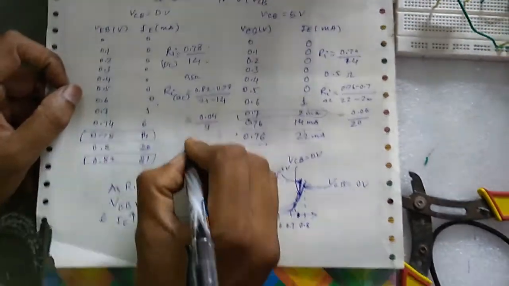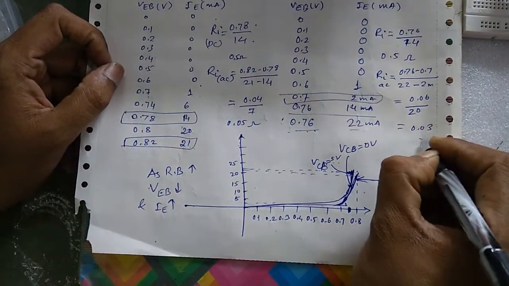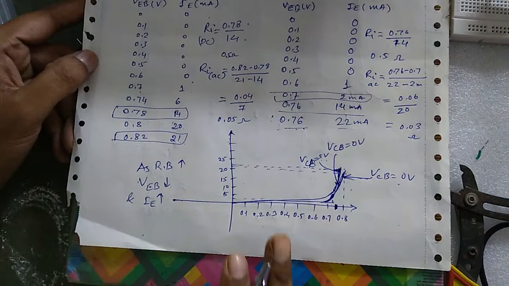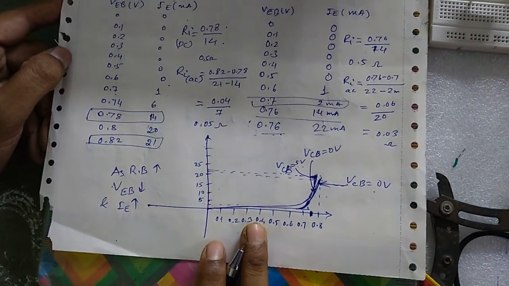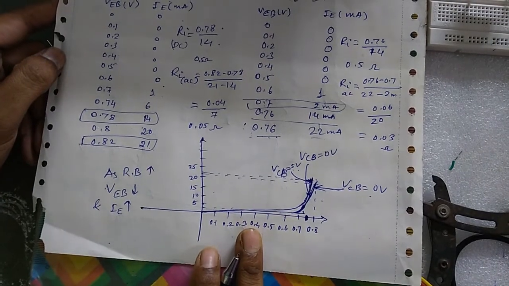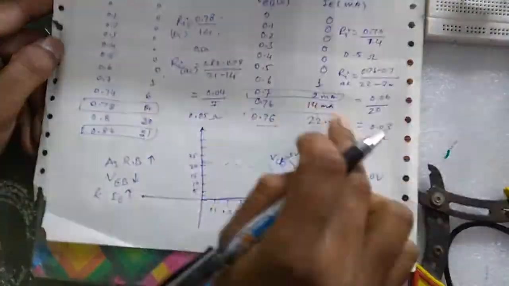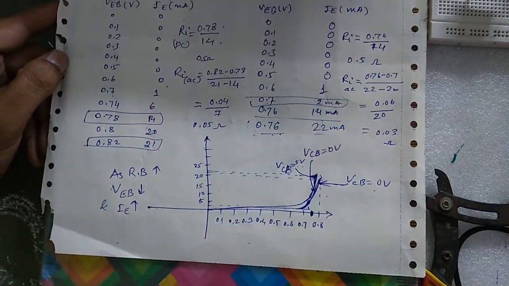So approximately 0.05 ohms, and here it is approximately 0.03 ohms. So during the forward bias, the input resistance of the transistor is very less. So this was about the input characteristics, their DC resistances and AC resistances.